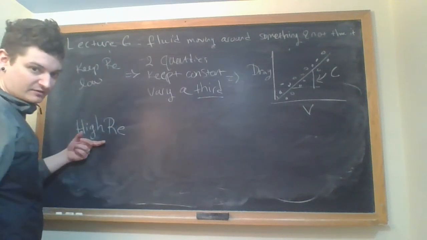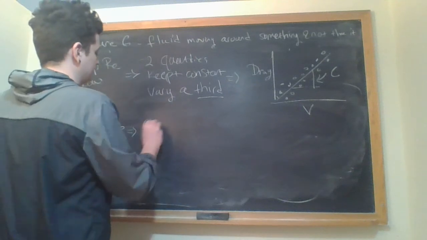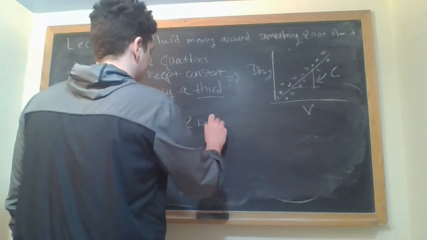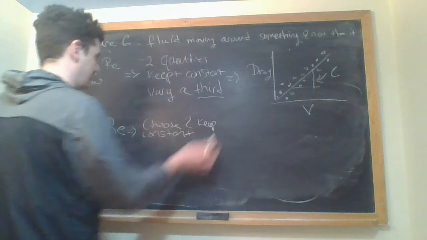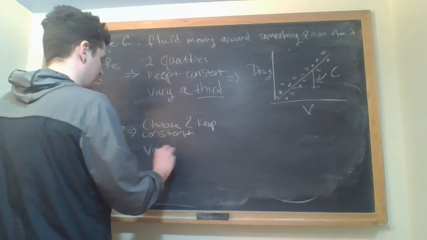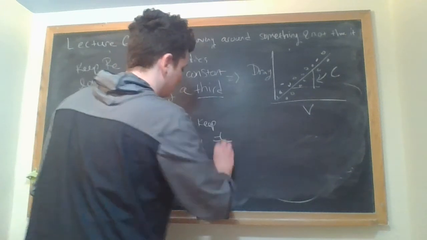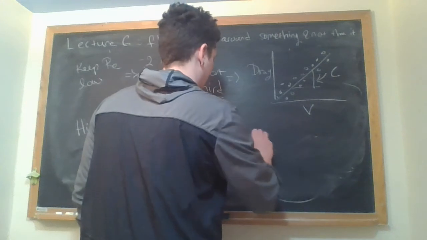For the high Reynolds number experiments, those are the airflow ones. It's the same thing, right? You choose two to keep constant, vary a third. Okay. And then for that situation, you need a different behavior, where it's now the drag.